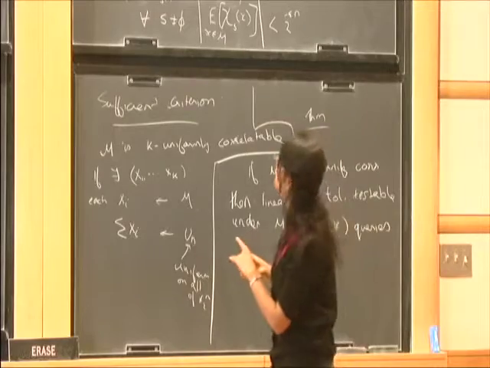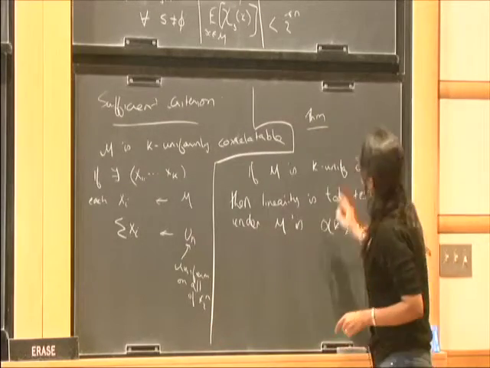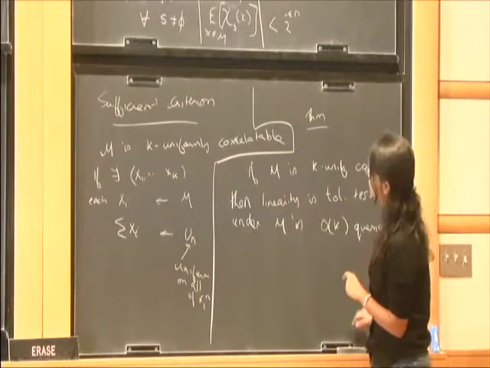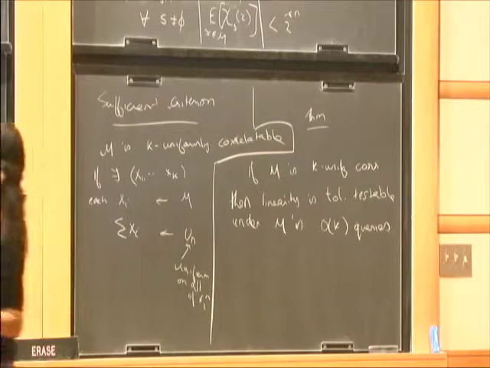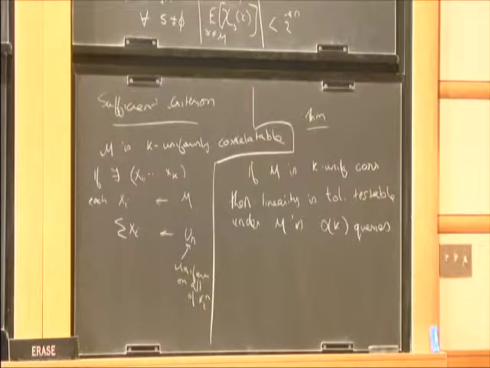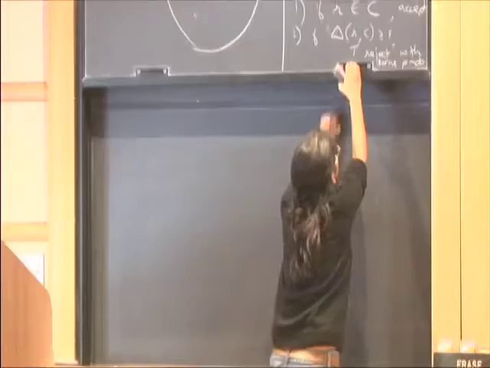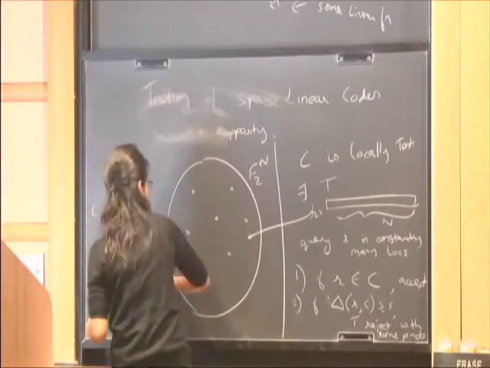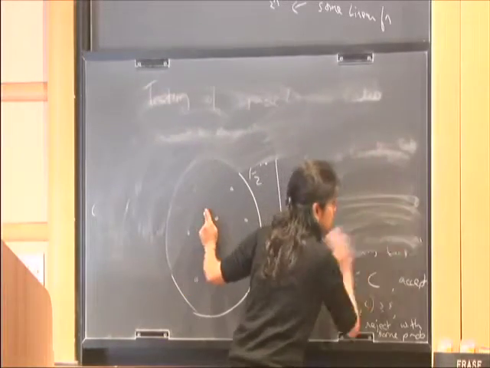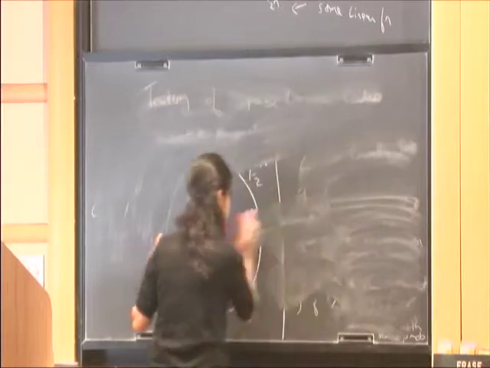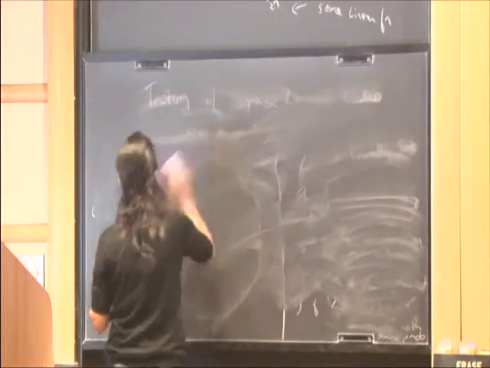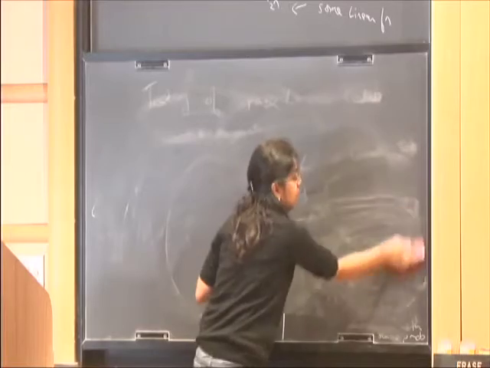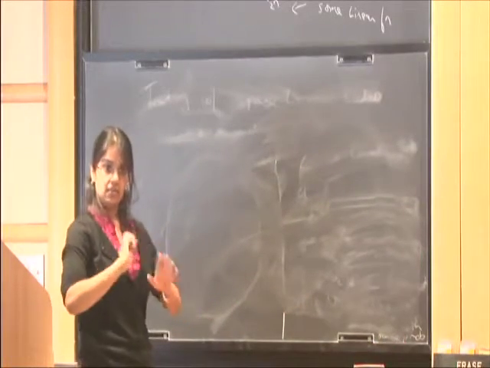Okay, so let me go to that board. So an example. These unbiased distributions you can correlate to the uniform distribution.